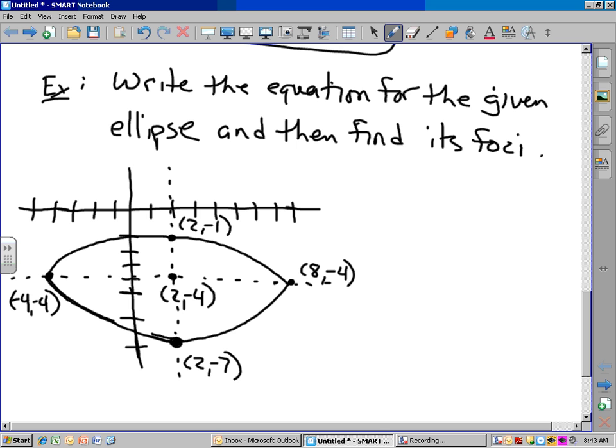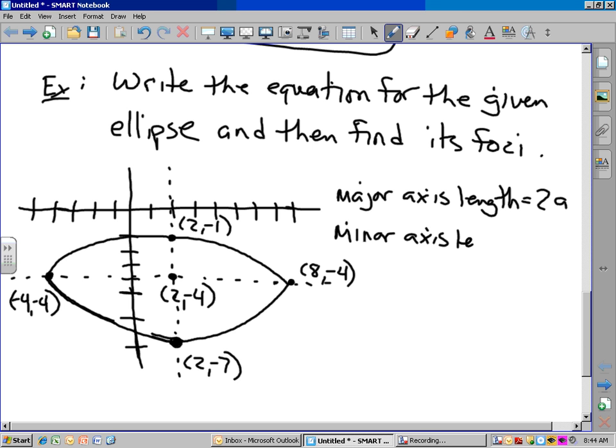What's the equation? We need to find A, we need to find B. Major axis length is 2A. The minor axis length is 2B. So what's A and what's B?